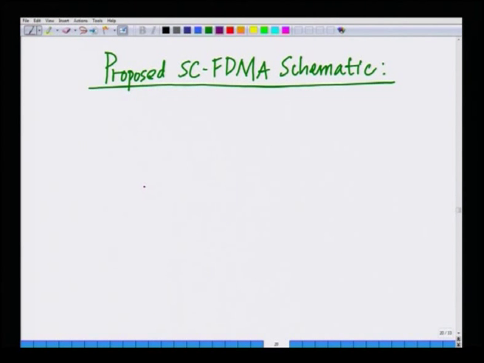The proposed SC-FDMA schematic looks as follows.